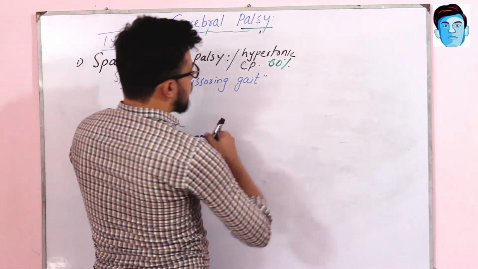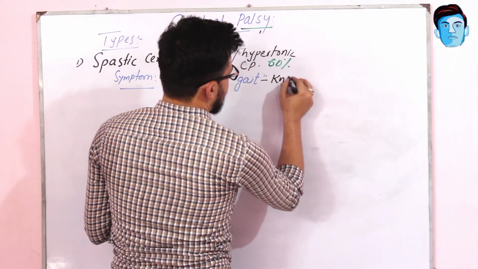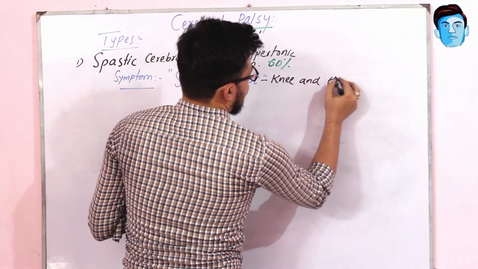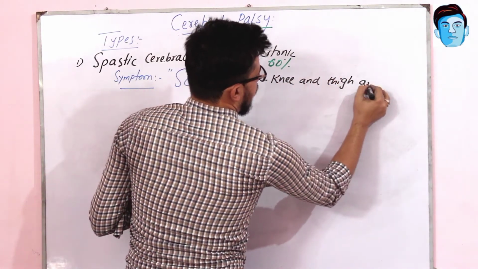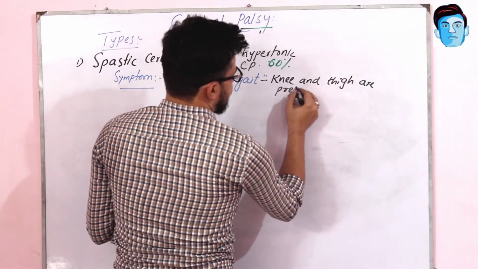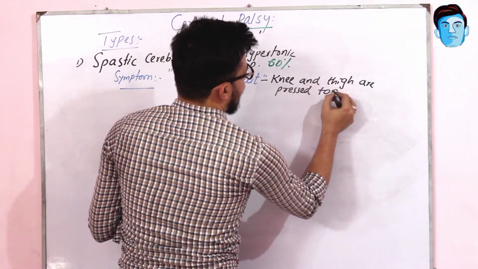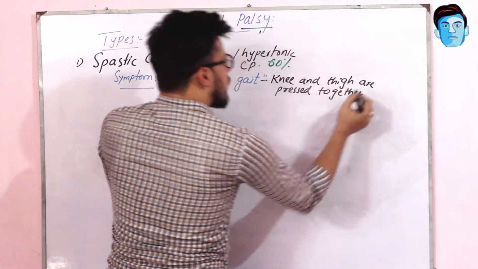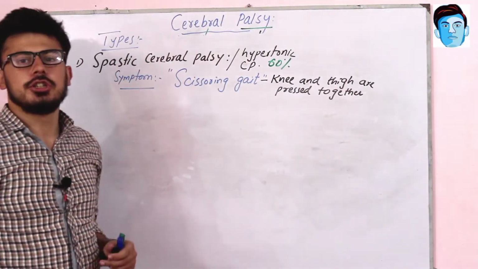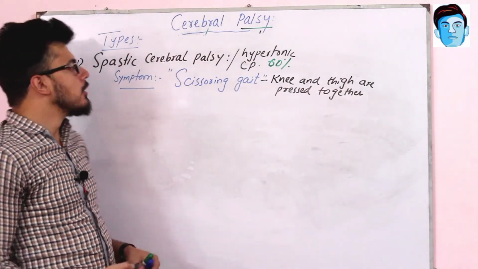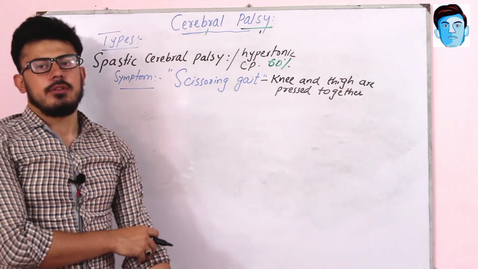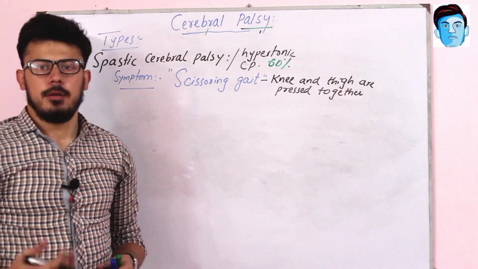In scissoring gait, the knee and thigh are pressed together. They are crossing each other while one is walking. This is the most diagnostic feature of spastic cerebral palsy.